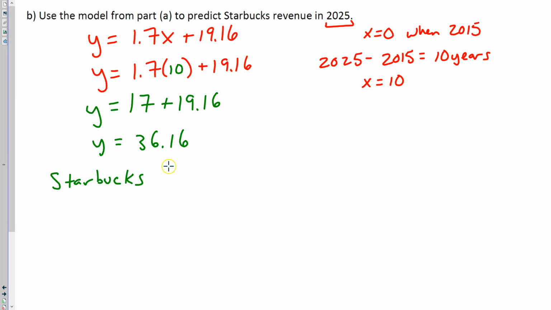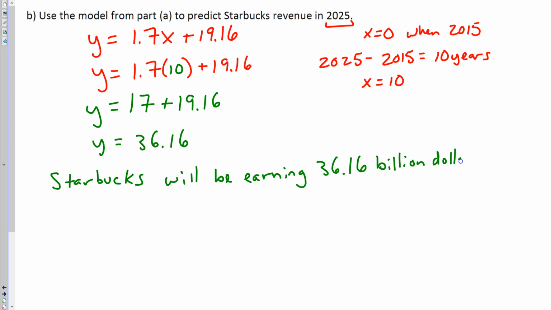Starbucks will be earning 36.16, and this is where the scaling is important. This is billions of dollars in 2025.